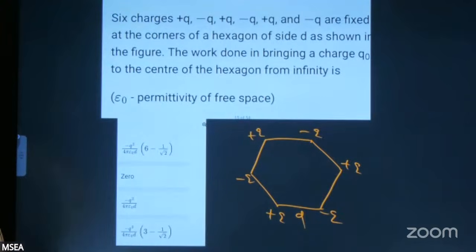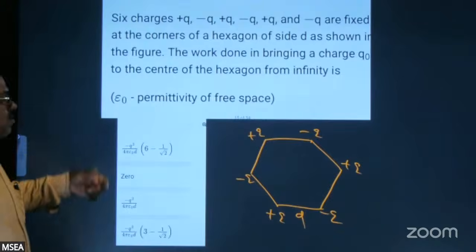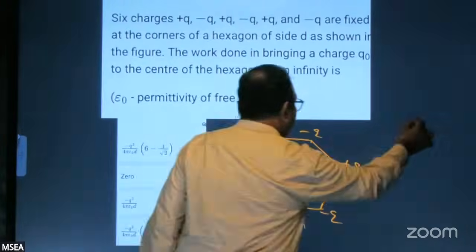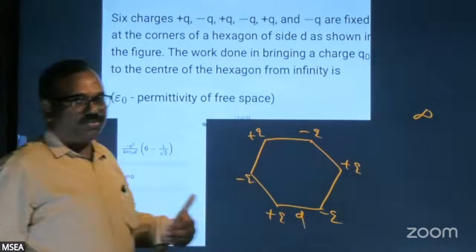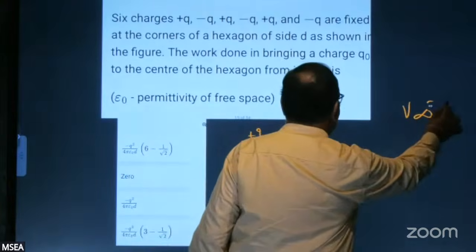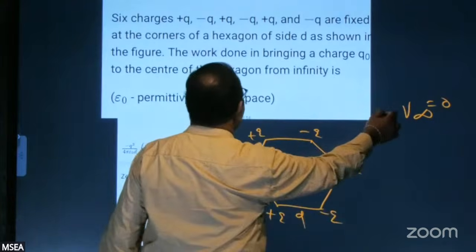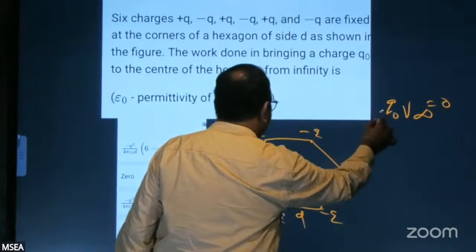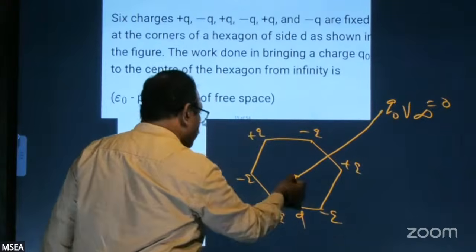Now, the work done in bringing a charge Q naught to the center of the hexagon from infinity. So this is infinity. You have to remember that the potential at infinity is 0. As the potential at infinity is 0, the charge Q naught should be moved from there to here.